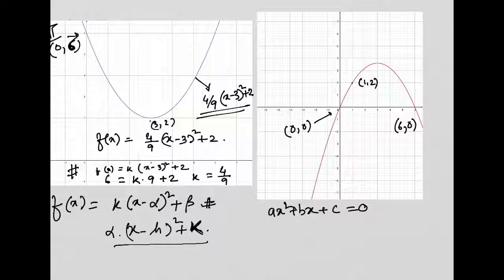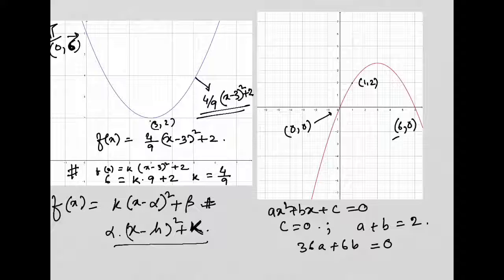Here first (0, 0), I am having c = 0. Now placing (1, 2), y = 2 and this is my x, so a + b = 2. And for 6, I am having 36a + 6b, c is already 0 so I am not writing it, equals again 0.